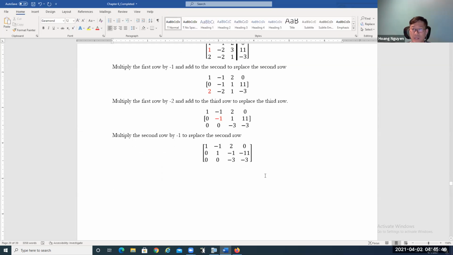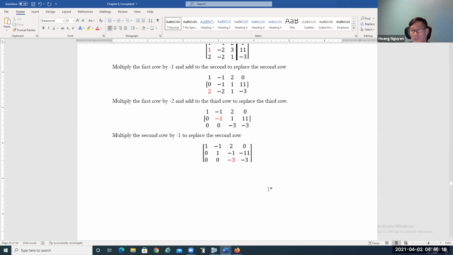Okay, now let's double check what's next. The first element on the main diagonal is 1, and everything below that is 0. That's good. The second element on the main diagonal is 1, and everything below that is a 0. That's good. Now we're going to move on to the third element on the main diagonal, which is -3.